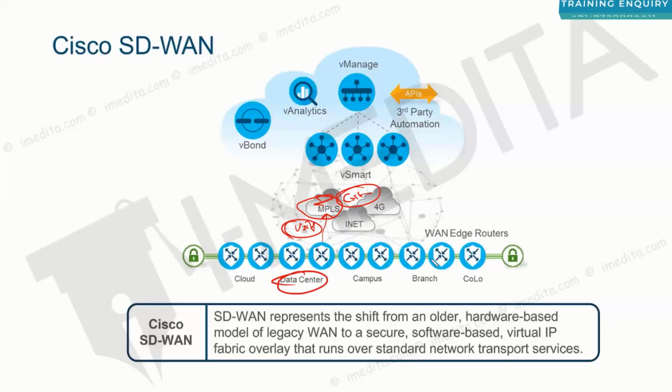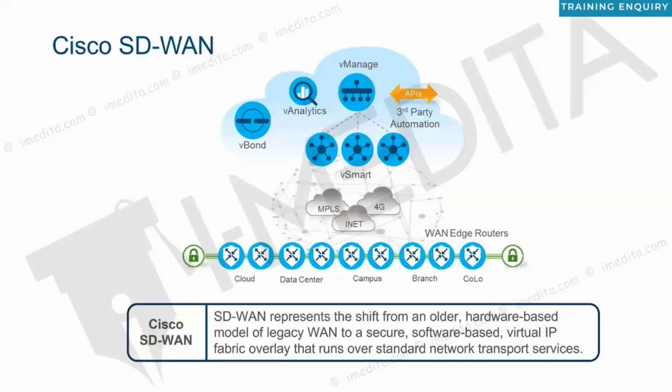So I want the branch users to access that critical app via MPLS from the data center. So they still want to use MPLS, but for certain applications, not for everything. So you can reduce the MPLS bandwidth. Even for VoIP, there is a solution in different SD-WAN technologies, especially in Cisco SD-WAN.